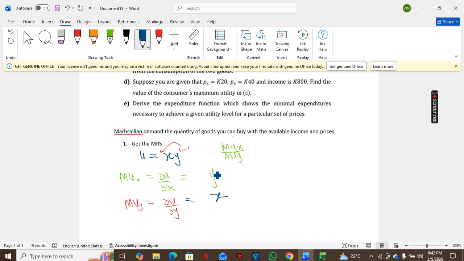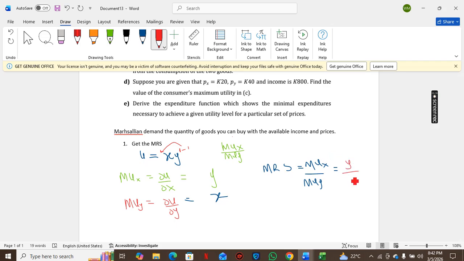So we've got our marginal rate of substitution. We say here MRS equals MUX over MUY. The marginal utility of X is Y, and the marginal utility of Y is X. So our marginal rate of substitution is Y over X.